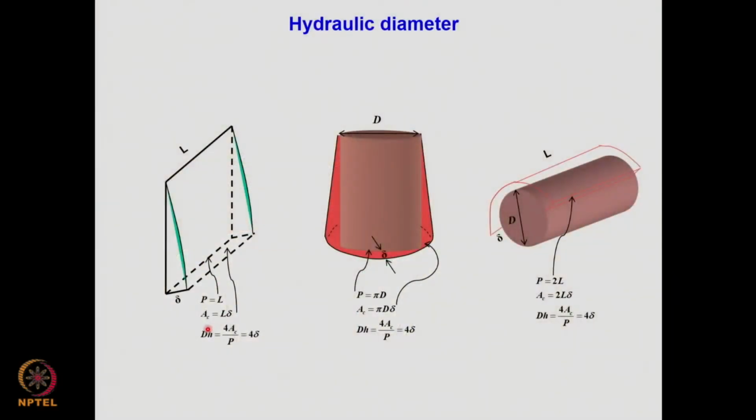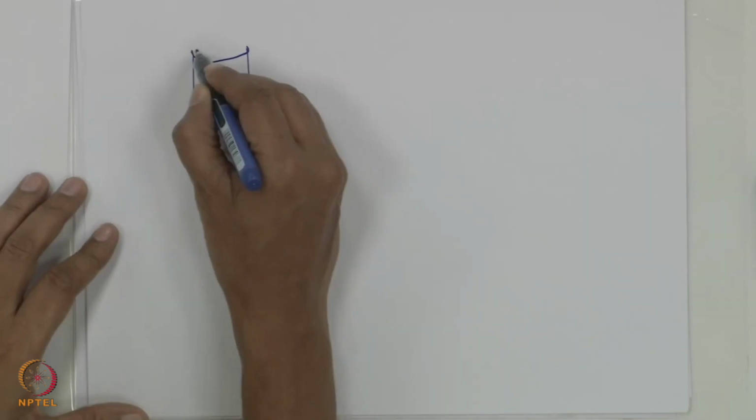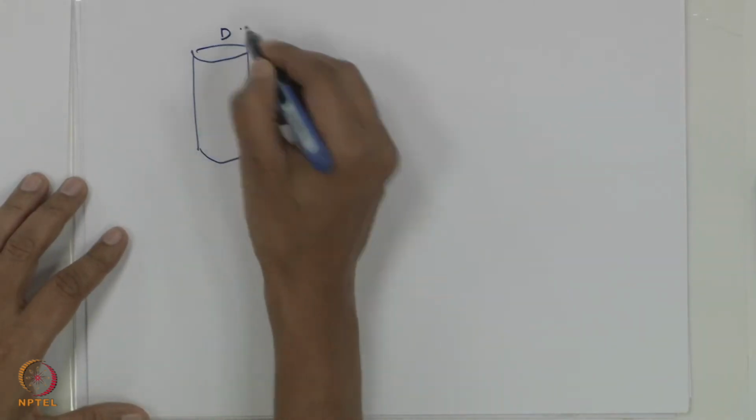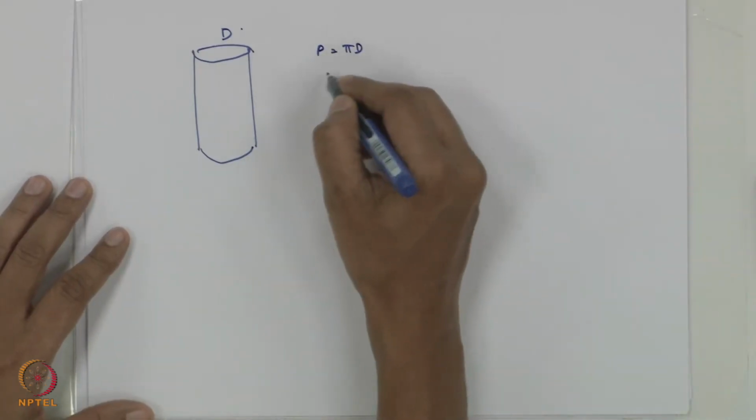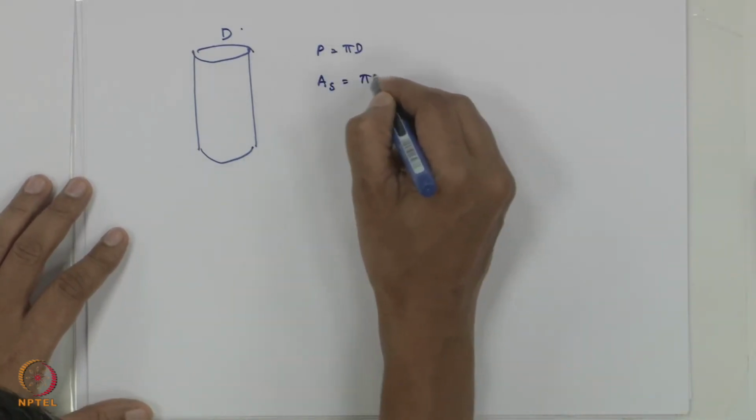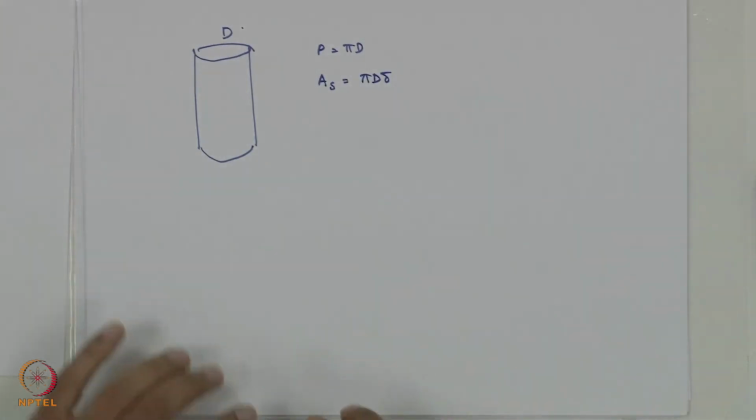And now if you take a cylinder, can we just move on to slides please? If you move on to slides, as I said, this was the flat plate where we got perimeter as the width of the plate, and cross sectional area as width into delta. And for the cylinder, this is my diameter, so you get P equal to pi d, and the cross sectional area is equal to pi d into delta.